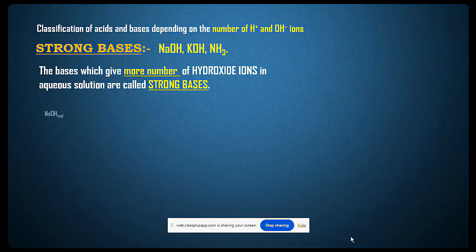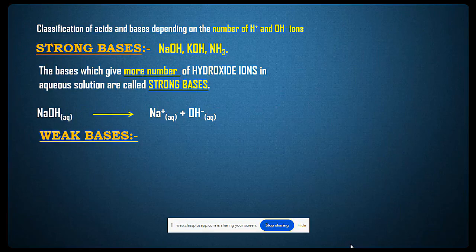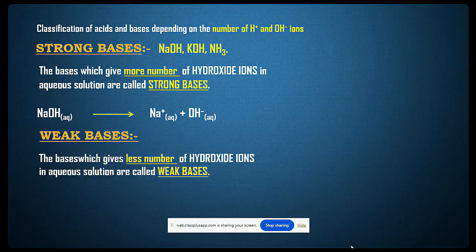Is it right? NaOH, if you dissolve it in water, gets soluble and separates into Na plus and OH minus. Is it right? And weak bases: the bases which give fewer hydroxide ions in aqueous solution are called weak bases. Example: NH4OH, ammonium hydroxide.